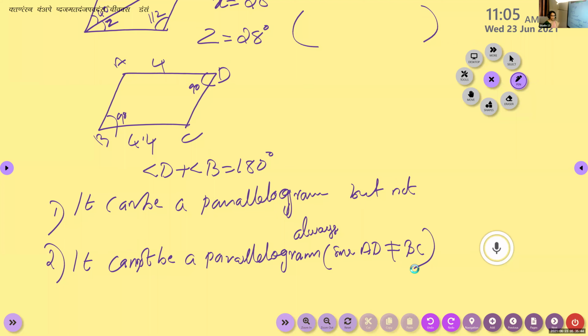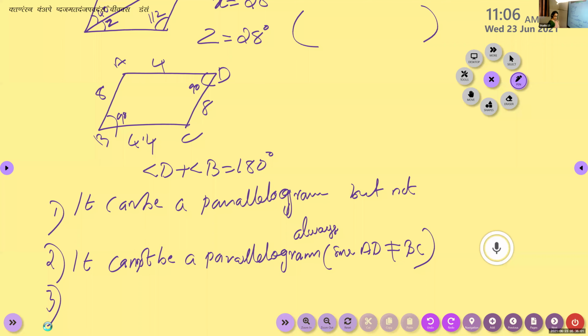Because for a parallelogram, both pairs of opposite sides must be equal. Here the first pair is okay, this is 8 and this is 8. But in the second pair, one is 4, the other is 4.4. So it cannot be a parallelogram.